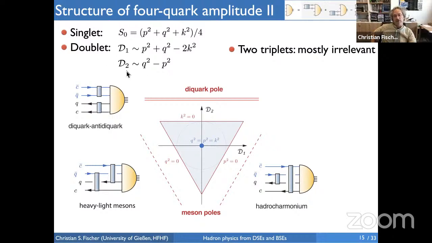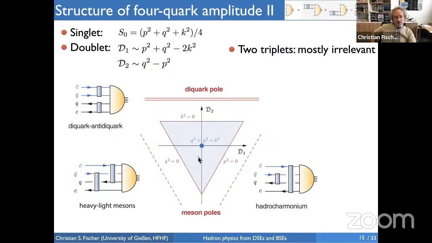And these are very interesting because if you look at the plane of these two momenta, then this triangle here is the region which is integrated over in my Bethe-Salpeter equation. So this is the momentum region which is probed by the Bethe-Salpeter equation.